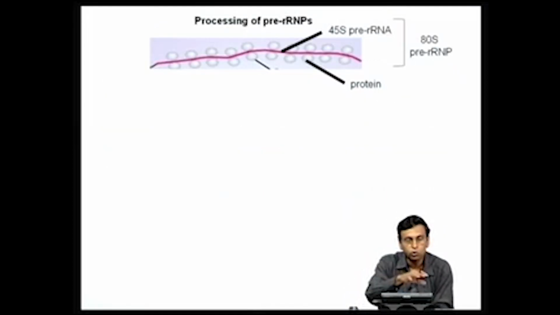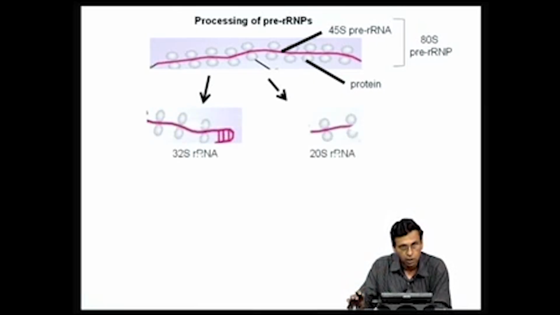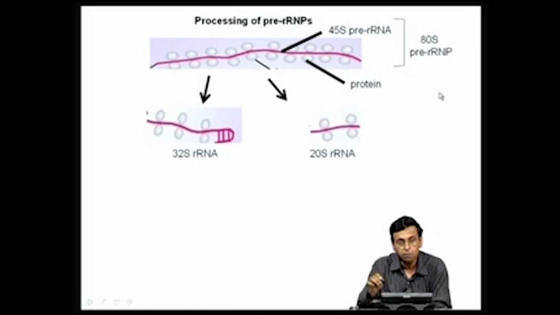So, I will just put a cartoon here just to register in your mind the key steps involved in rRNA processing. For example, as soon as the 48S RNA is transcribed, it immediately associates with a number of proteins so that it becomes an 80S pre-ribosomal ribonucleoprotein or pre-rRNP.